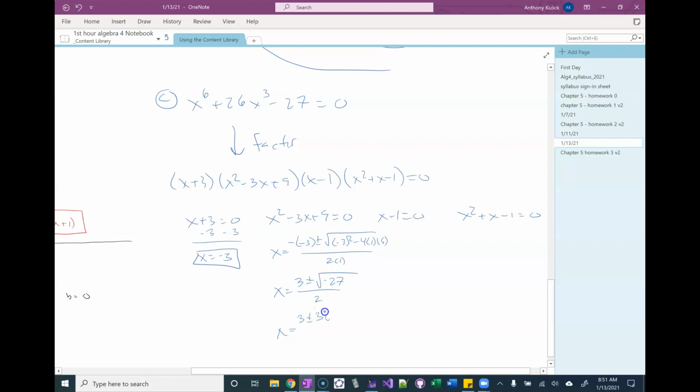So the square root of 9 is 3, and then I still have the square root of 3. The next one, I can just add 1 to both sides. And the last one, again, I have to use the quadratic formula because I have both x's and x squareds.